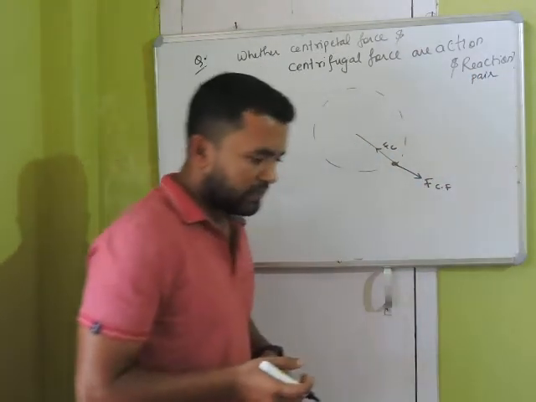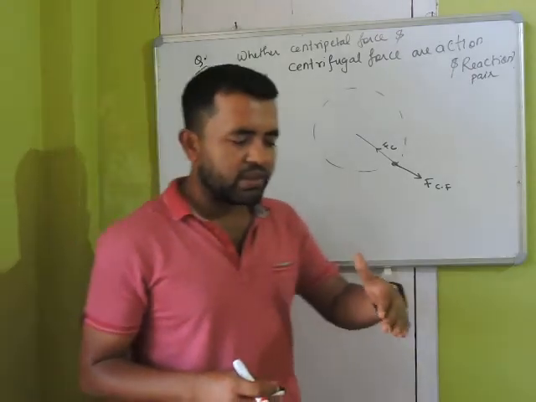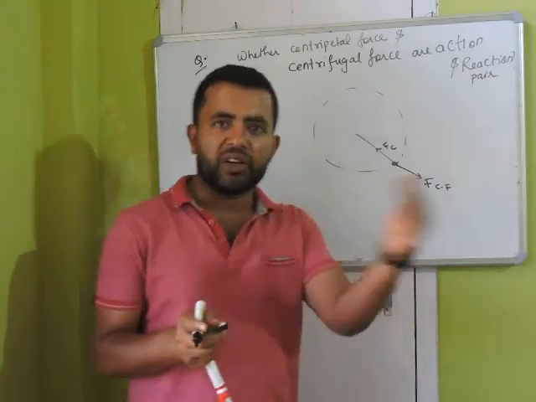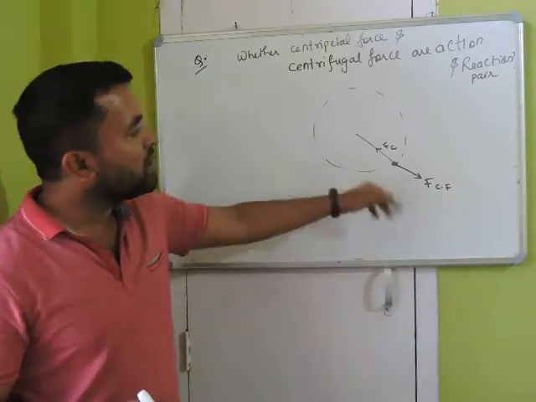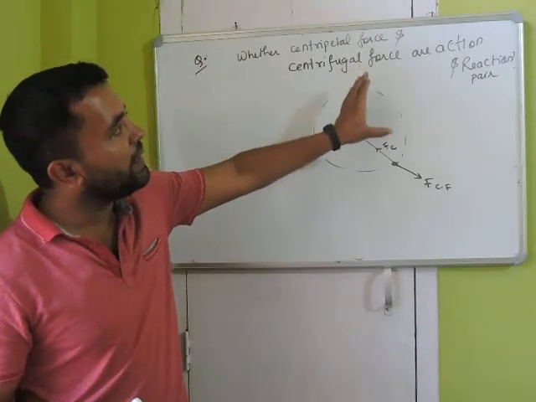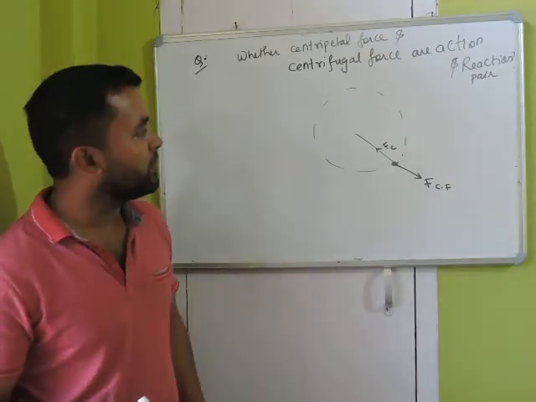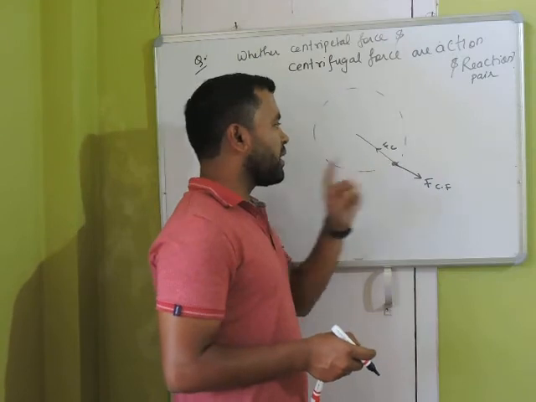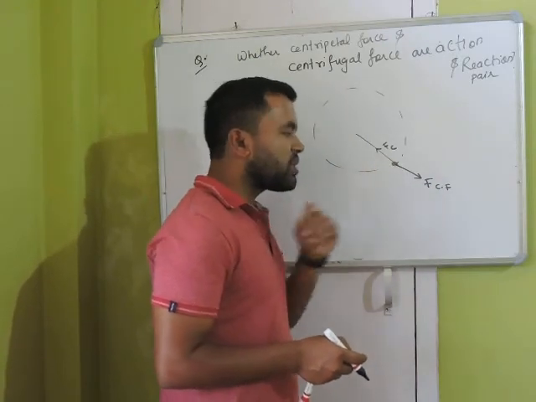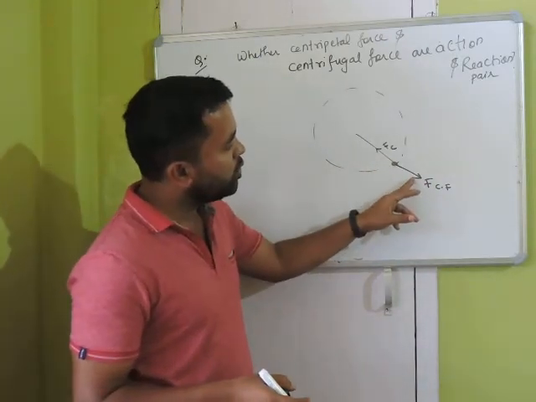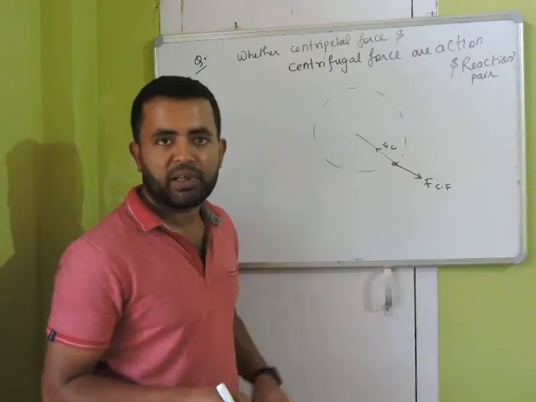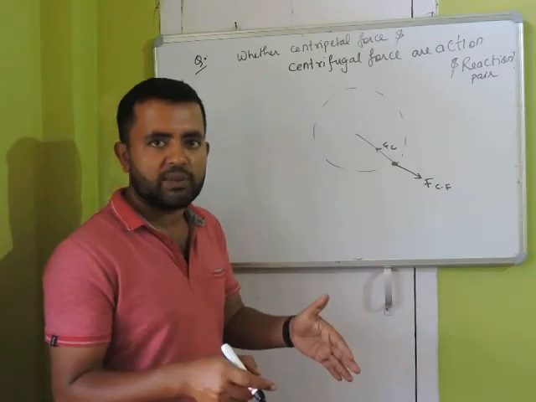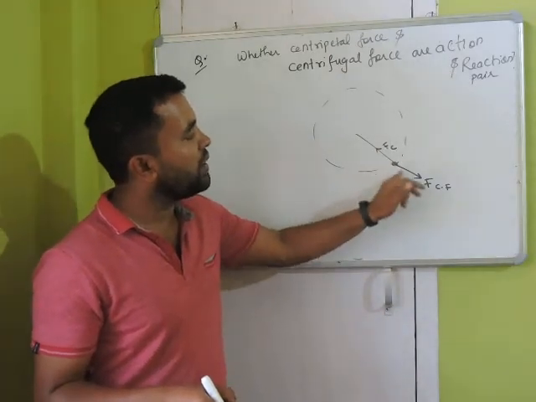Newton's third law says that to every action there is an equal and opposite reaction, and action and reaction act on different bodies. If you say they are action and reaction pair, it is a very wrong concept, because centripetal force is acting on the stone, and centrifugal force is also acting on the stone, so they are not an action reaction pair. Action and reaction act on different bodies, not on the same body. So that is not true.